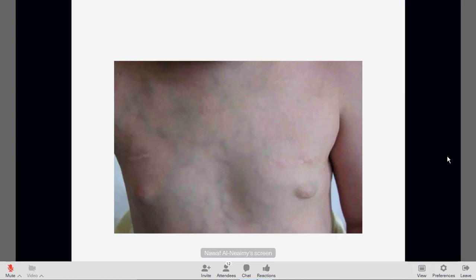Or sometimes thrombosis might be the cause, especially in those who have a central venous catheter. But the most frequent cause of superior vena cava syndrome is a lung tumor. It accounts for about 80% of the cases of superior vena cava syndrome.